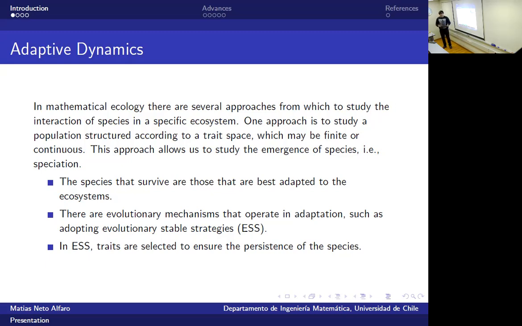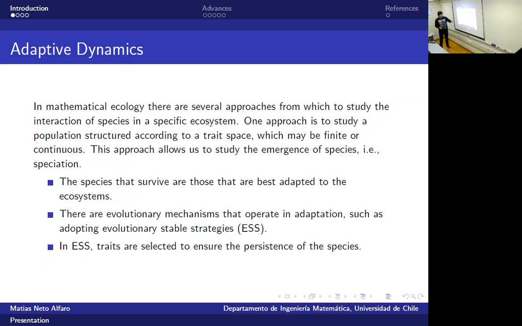Or what could be a strategy that can survive in the ecosystem, and not let some other populations invade that ecosystem. So it's evolutionary and it's stable. An evolutionary stable strategy selects some traits, so it selects some characteristics of the populations that ensure the persistence of the species.